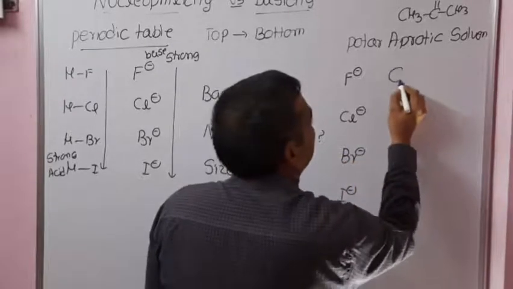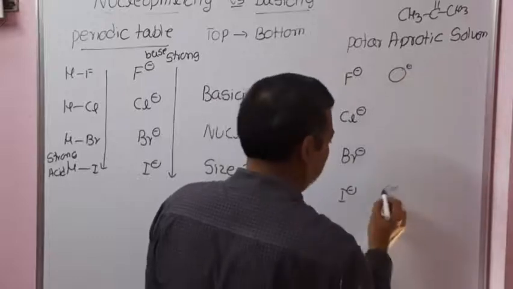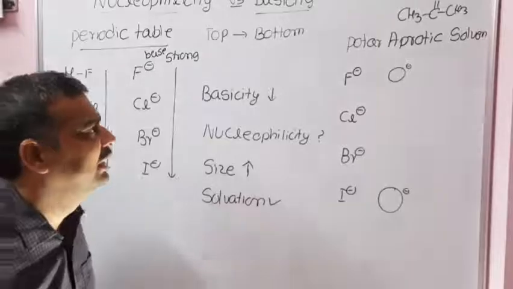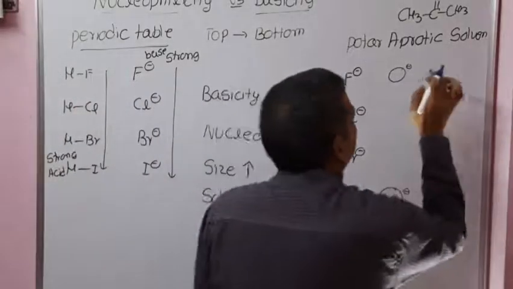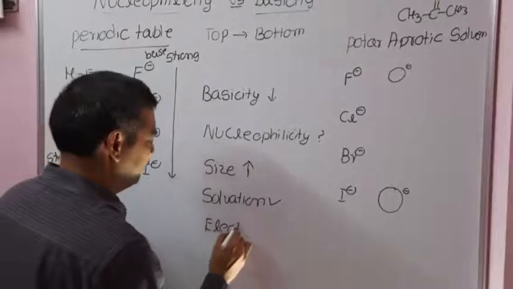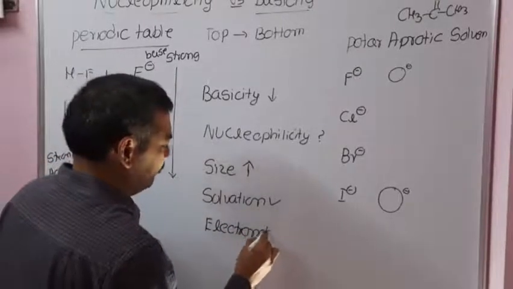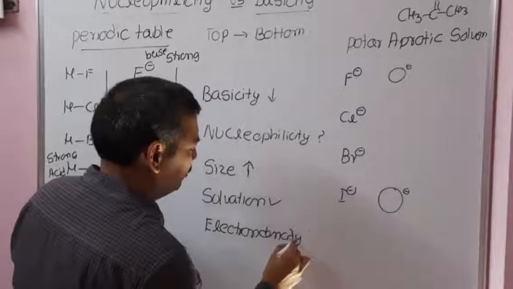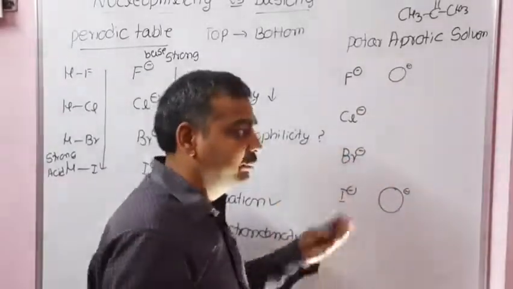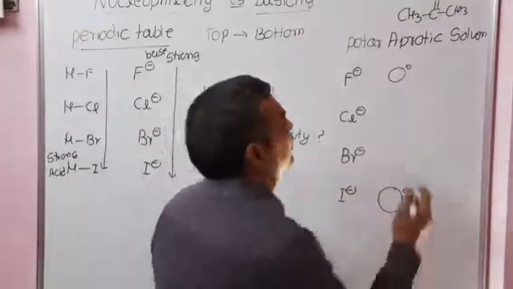F minus is small in size and I minus is big. Electron density from top to bottom decreases. Small size, more electron density. Big size, less electron density.